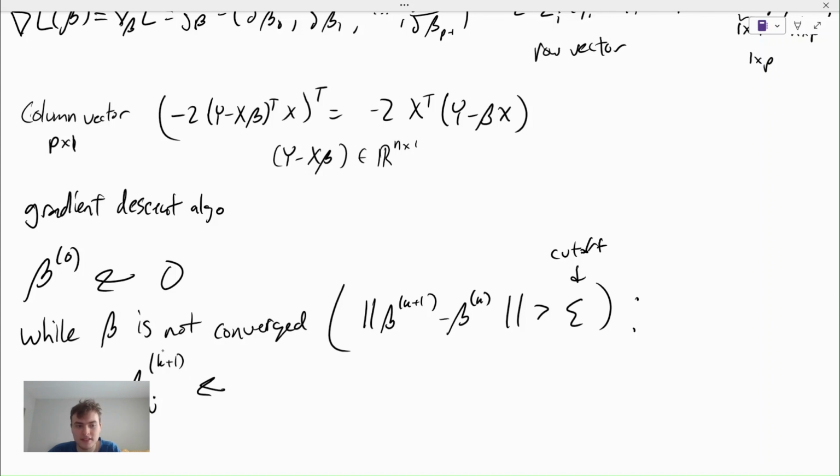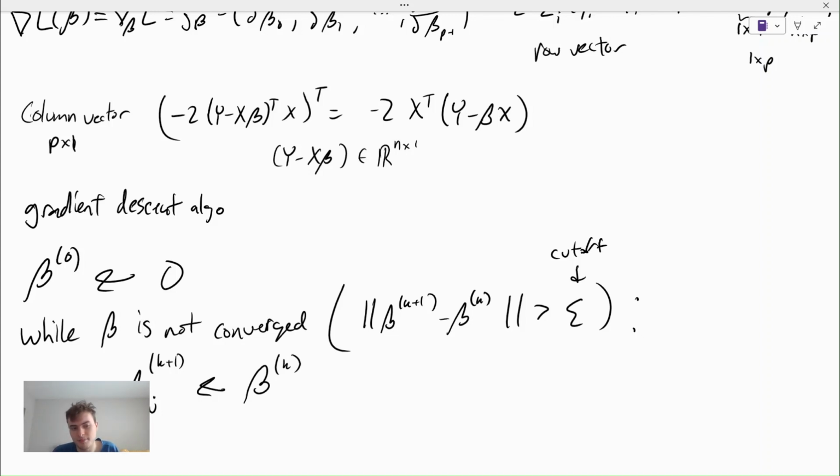So this left side is saying, the k plus 1 iteration of beta, what is the value for that? We're going to set it by taking the kth value for beta, the value for beta at iteration k. So this k superscript is our iteration number. That's why I put it in parentheses.